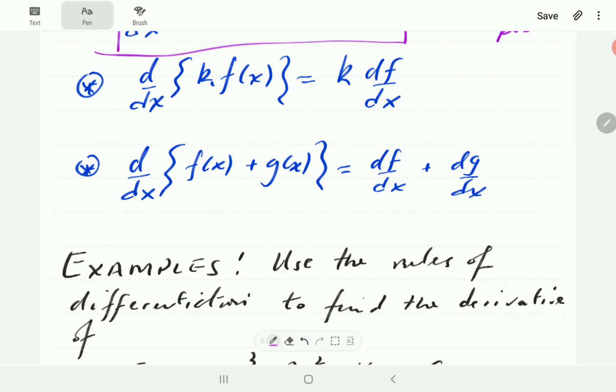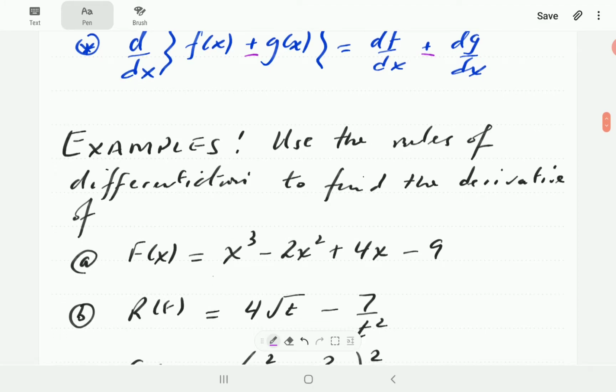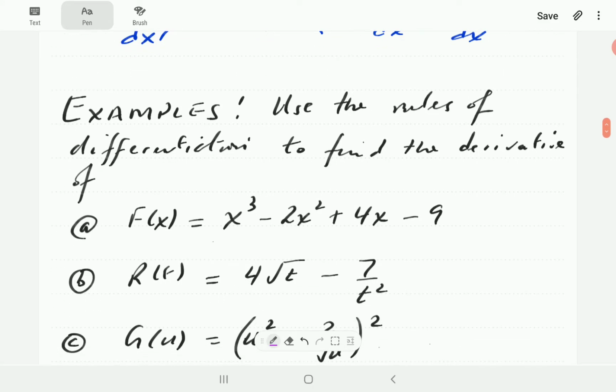So this is saying that if we need to differentiate a function that is made out of a sum, by the way, sum also includes a negative there, we simply differentiate the respective functions separately, and then we add the derivatives.